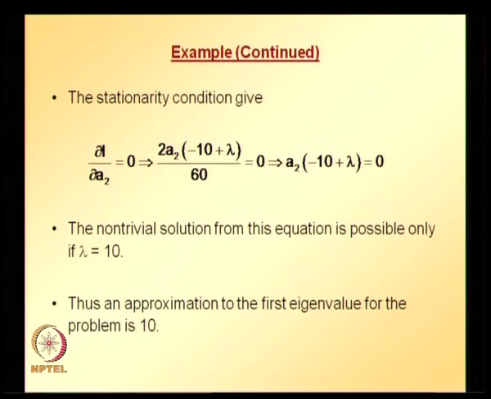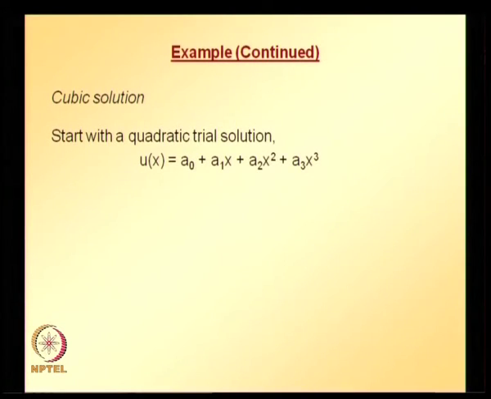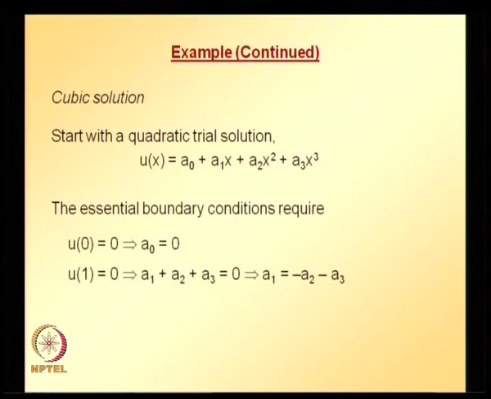And as we did for the previous problems, we can start out with a cubic trial solution. We will go through this process quickly. Start with a cubic trial solution, a0 plus a1x plus a2x square plus a3x cube, and substitute the essential boundary conditions.